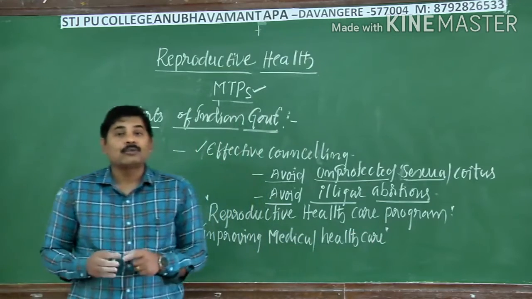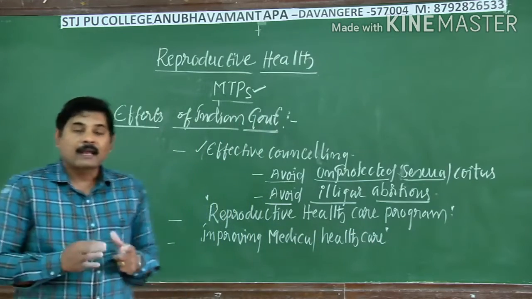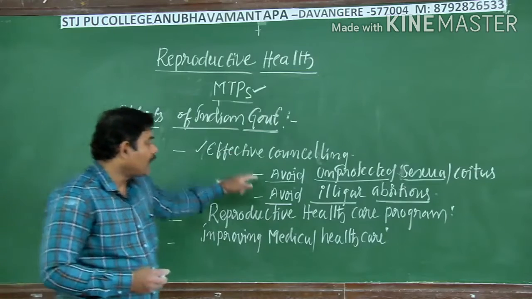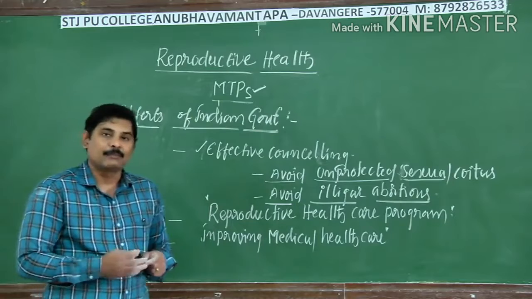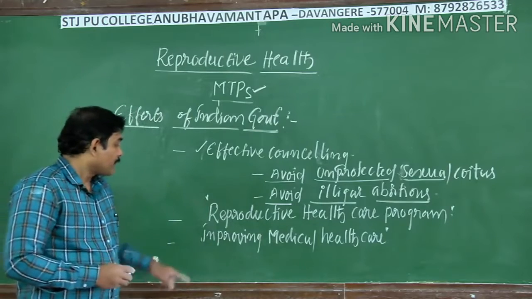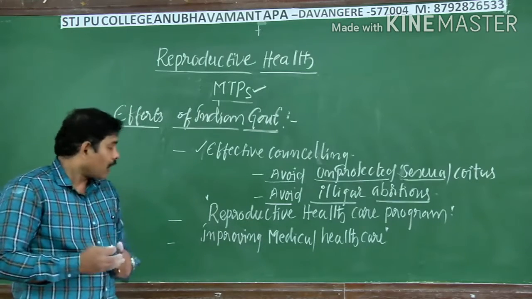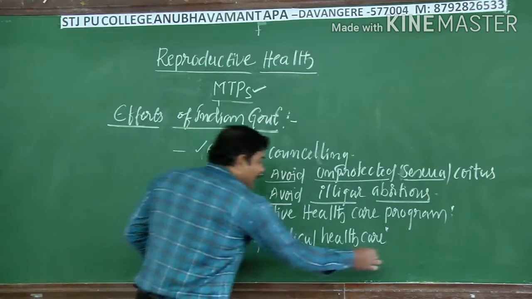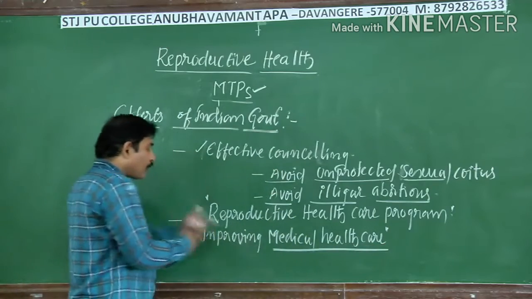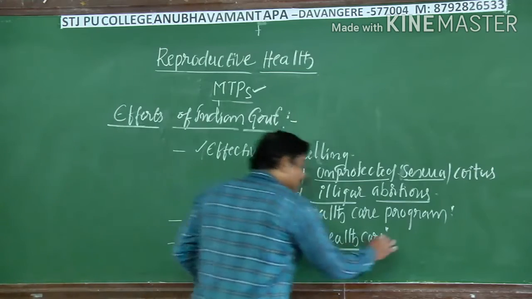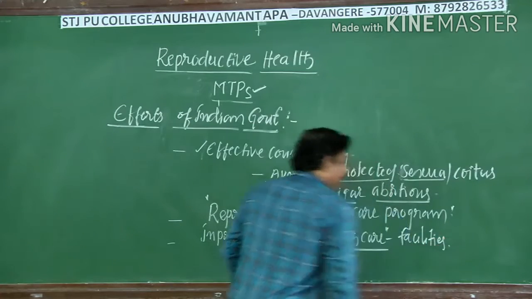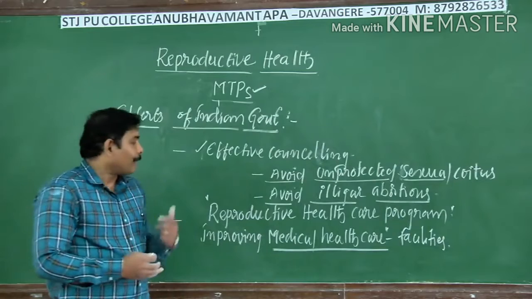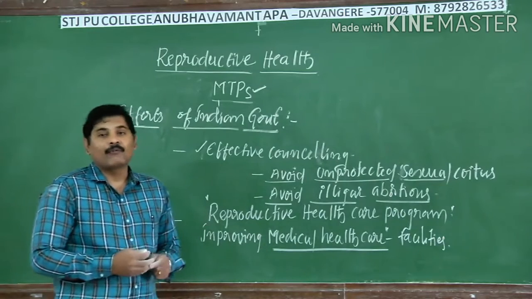Under this program, they are giving certain guidelines and counseling to the people and avoiding these MTPs to the maximum extent. The Indian government has also started increasing medical health care, and by providing these medical health care facilities, we can avoid a maximum number of MTPs.